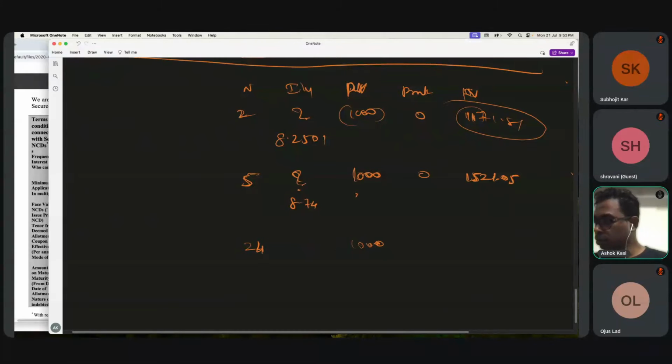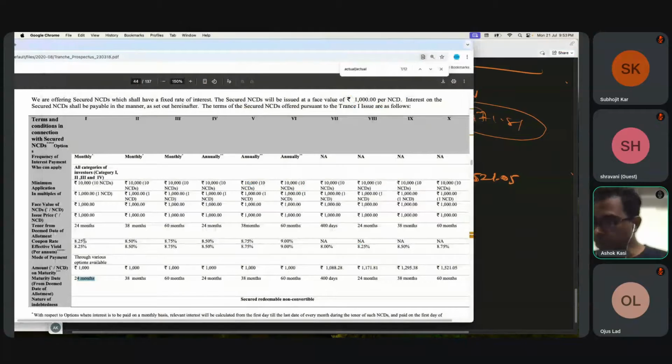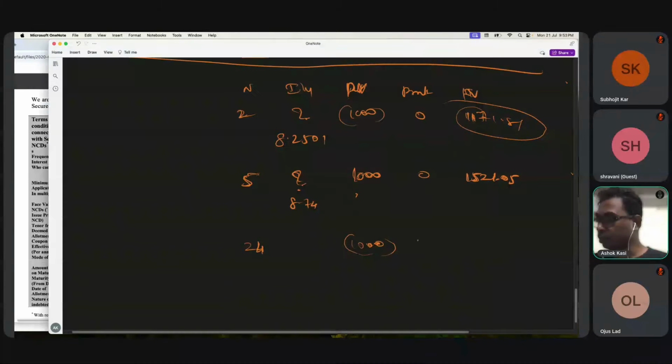And 1,000 you are paying. And every time you are going to get how much? 8.25, this is for yearly, divided by 12. How much is it coming to? 8.25 divided by 12. That you keep as payment. 0.6875.